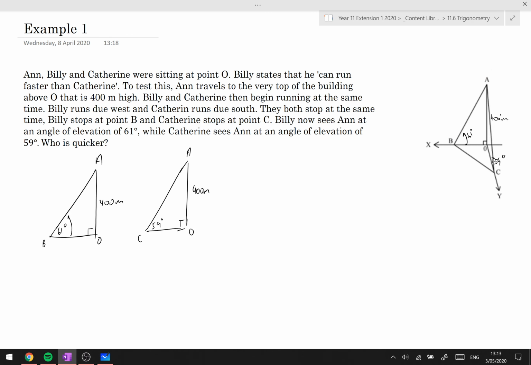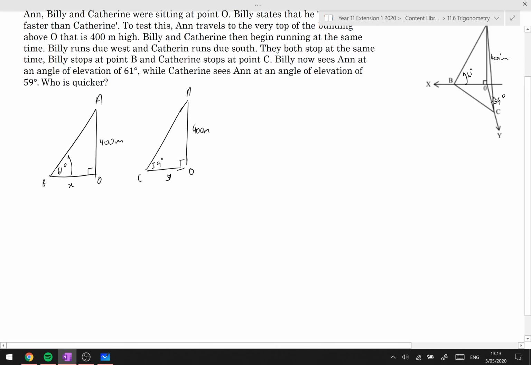So who's faster? The easiest way to do this is to work out what this is equal to and what this is equal to. So x and y, and that will tell us who's run the furthest, because whichever distance is bigger is the person who ran the furthest. We'll start off with x, or with Billy, I should say. We need to use tan for this one because it's opposite and adjacent. So tan of 61 degrees is equal to the opposite, which is 400, over x.